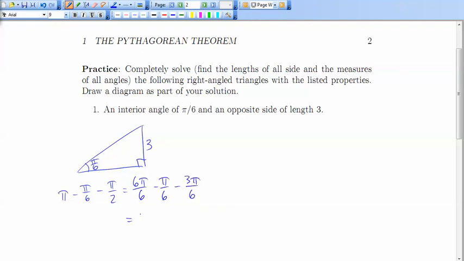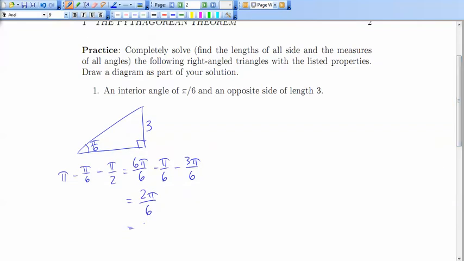And we're left with 2 pi by 6, which of course I won't stop there. As always, we'll put it in lowest terms.